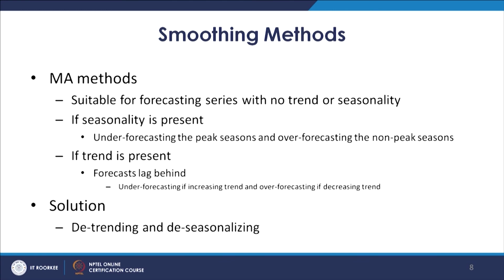Because we are essentially averaging the series, these methods are typically used for short term forecasting. It is much better if we have a detrended and deseasonalized series and we apply the moving average method on that series, then short term forecasts can actually be improved using these methods.